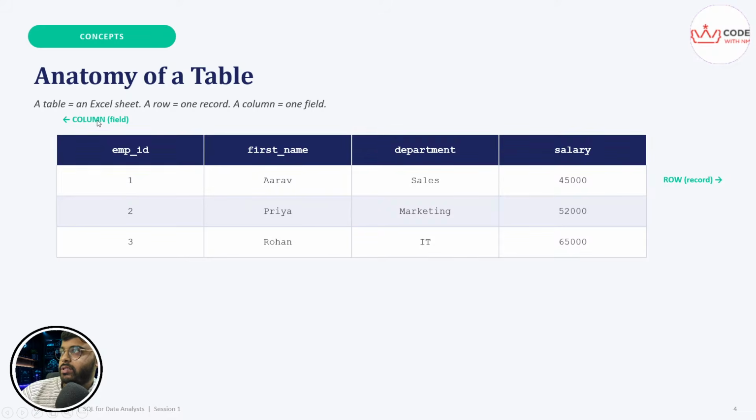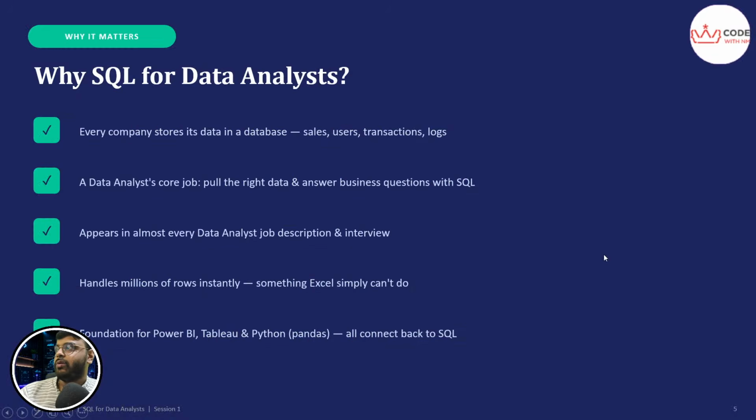If you see this column field, the blue part, I think you all know, this vertical part is a column and this horizontal part is a row. Okay, so now let's jump onto the queries, and let's start with the first query itself.